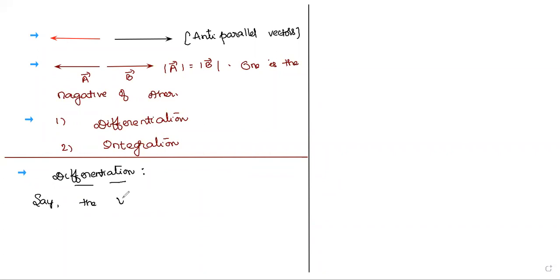The velocity of a body changes with the time. Okay. Here, this is what I said. If something is changing with respect to the other, with respect to the other means the other is time, something is changing means velocity is changing.